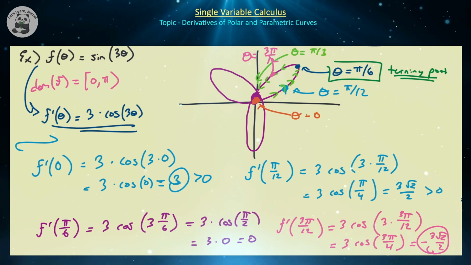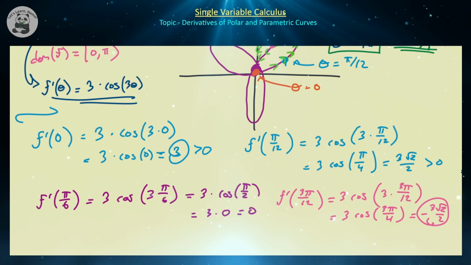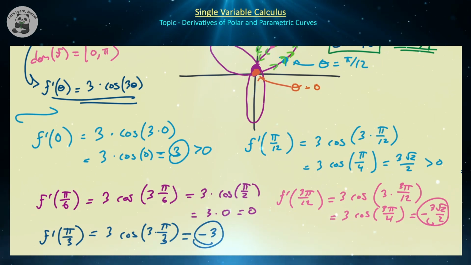So when we plug in pi over 3, which is where we are at the particular origin, so f prime of pi over 3, what are we going to get? So that's just going to be 3 times the cosine of 3 times pi over 3, which is just going to be the cosine of pi, which is negative 1, so that's going to be equal to minus 3. So what does minus 3 mean?